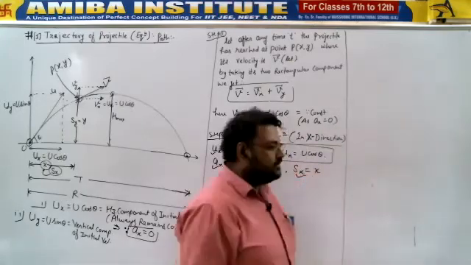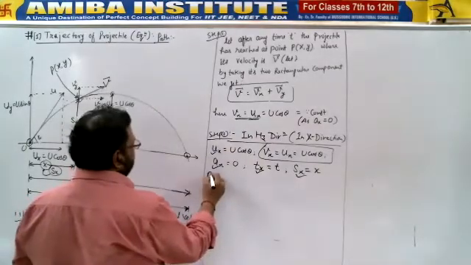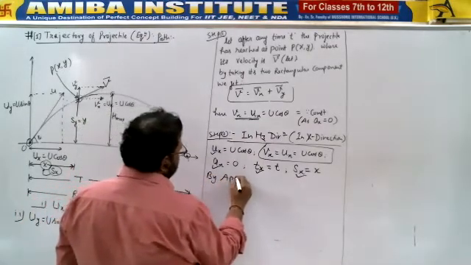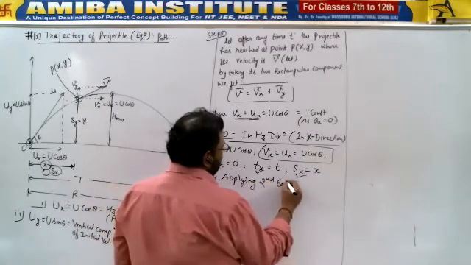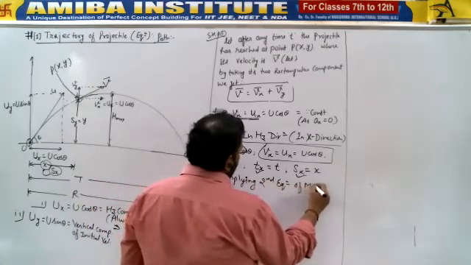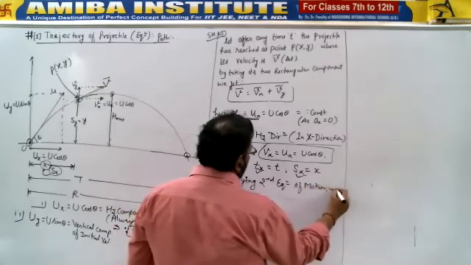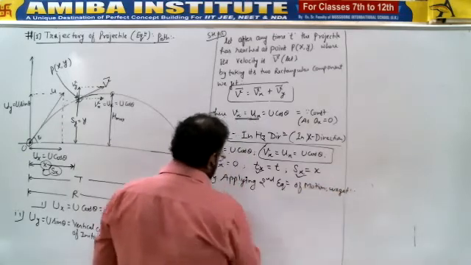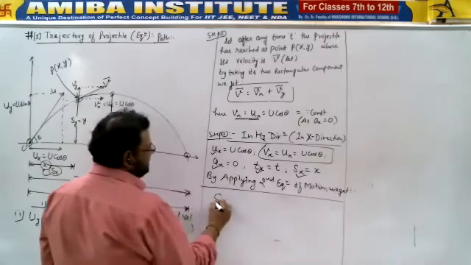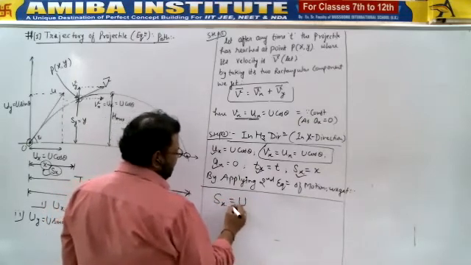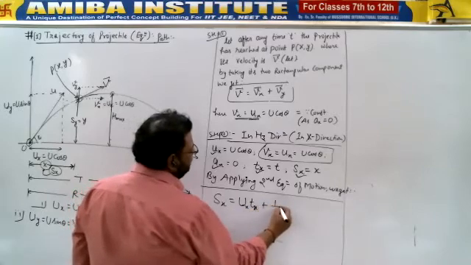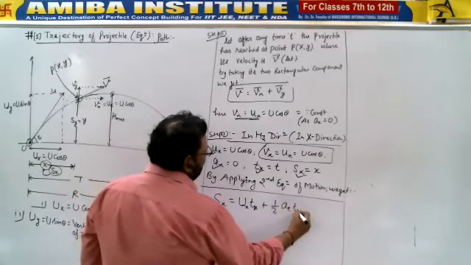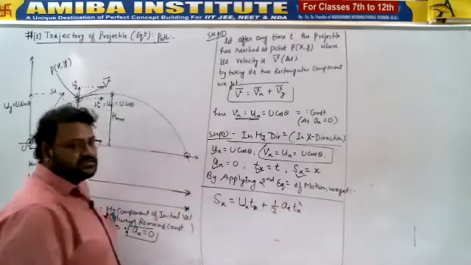So let's apply the second equation of motion. We get Sx is equals to UxTx plus half AxTx square. Right?